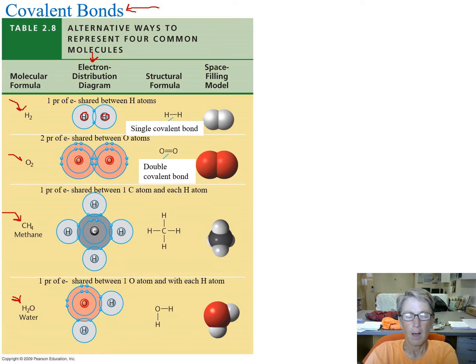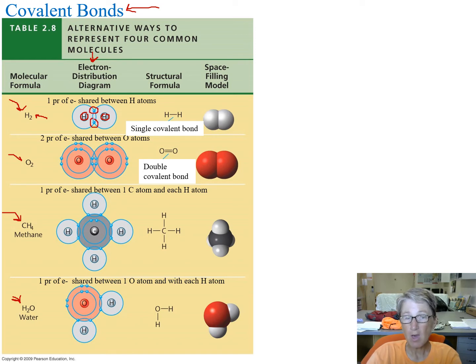So remember, hydrogen needs two electrons to fill its valence shell to be stable. So H2, or molecular hydrogen, is stable because each of these hydrogen atoms is sharing these two electrons.